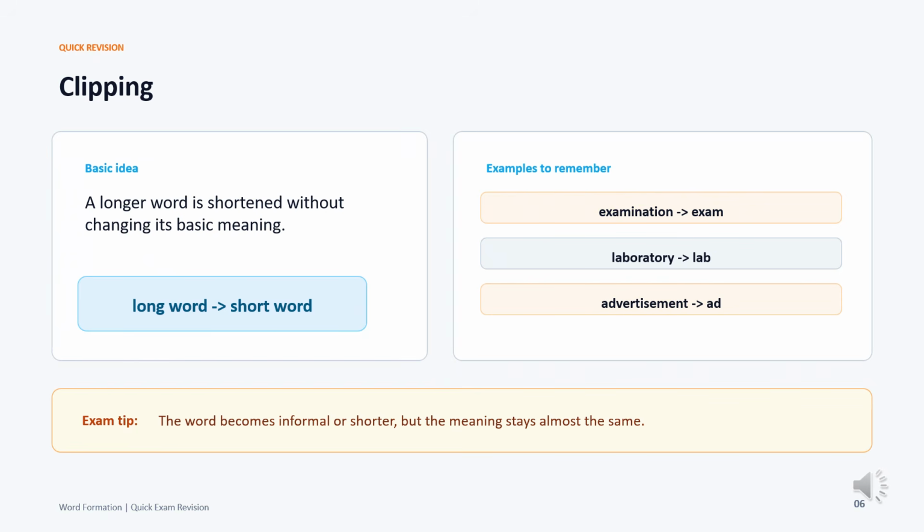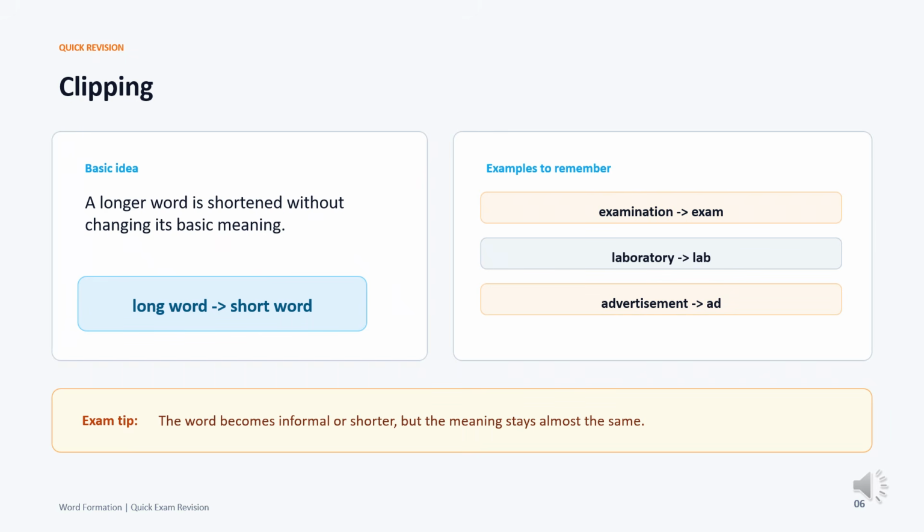Now, the next process is clipping. As the term suggests, it means shortening a longer word without changing its basic meaning. For example, examination becomes exam, laboratory becomes lab, advertisement becomes ad, and photograph becomes photo. Clipped words are often used in everyday speech because they are shorter and easier.